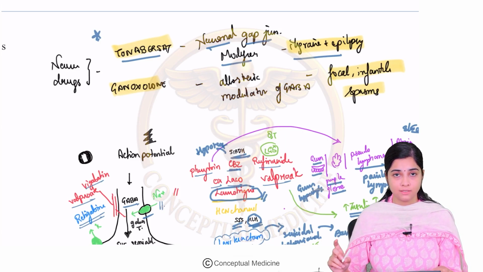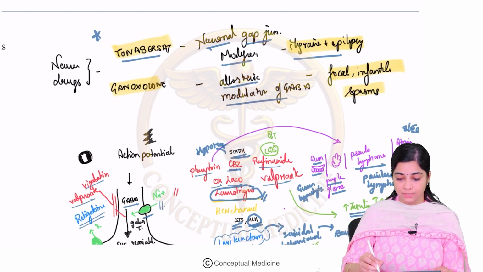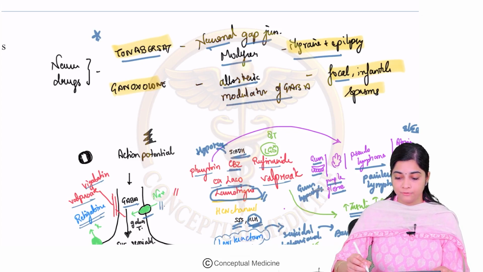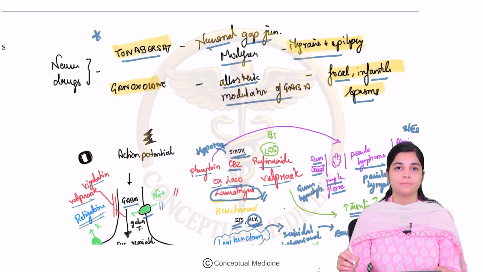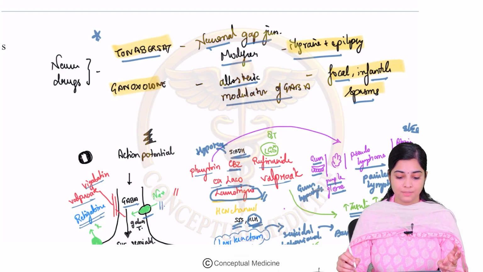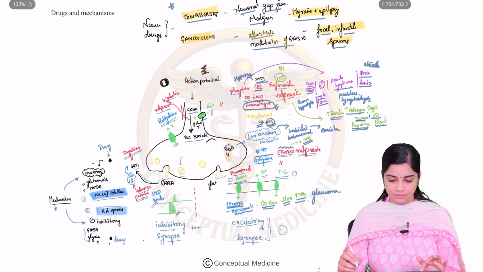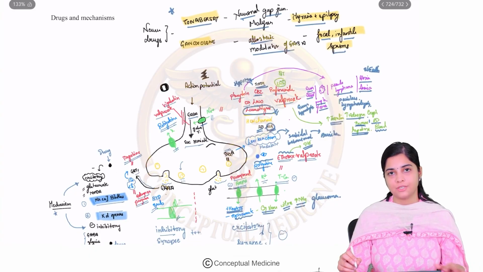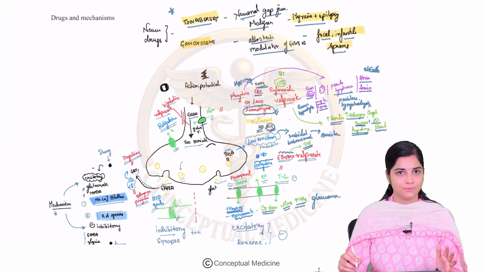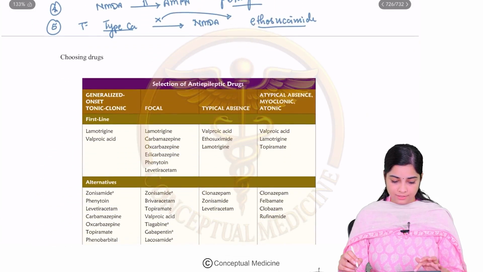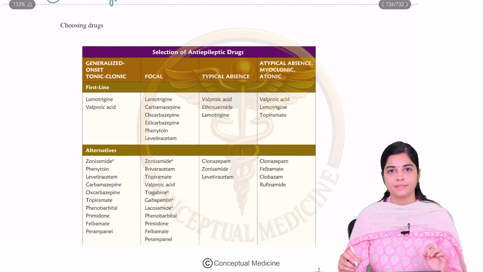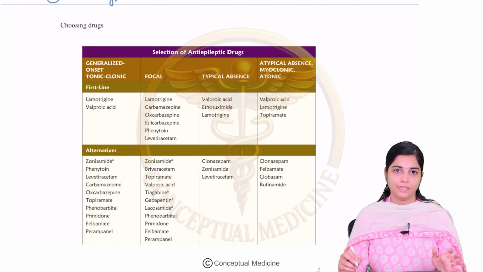Then we have ganaxolone, which is an allosteric modulator of GABA, and it can be used in focal seizures and infantile spasms. Clear? So this is about the various drugs, their mechanisms of action and the side effects of drugs used in epilepsy. Fine. Now let us move on to which drugs can be used in which type of epilepsy.